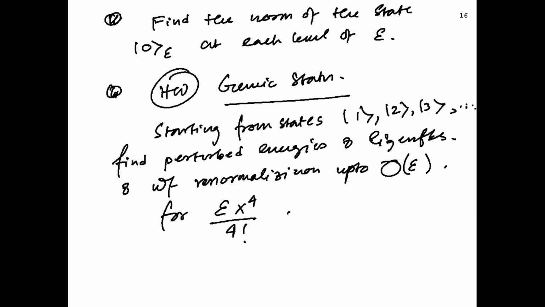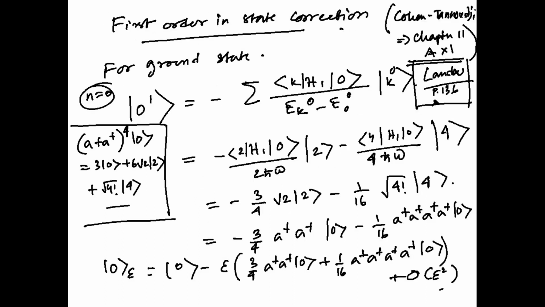Okay. The next step is to find the normalization of the state 0 epsilon. You can simply impose the rule that the bra 0 epsilon, ket 0 epsilon is equal to 1, and then find out what conditions you need to satisfy in order to do that. That is something I would like you to try.